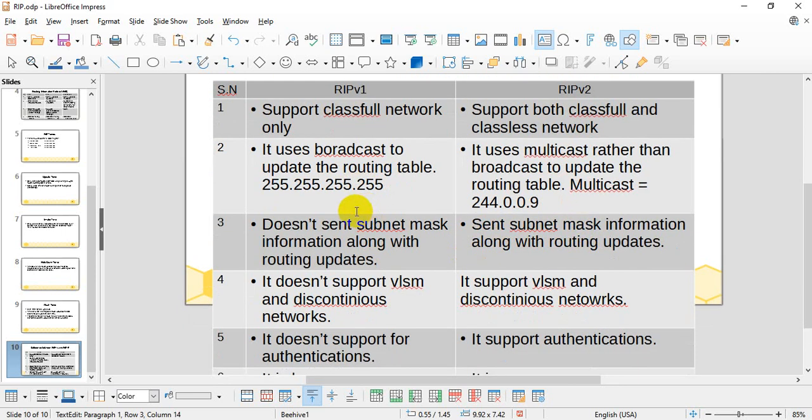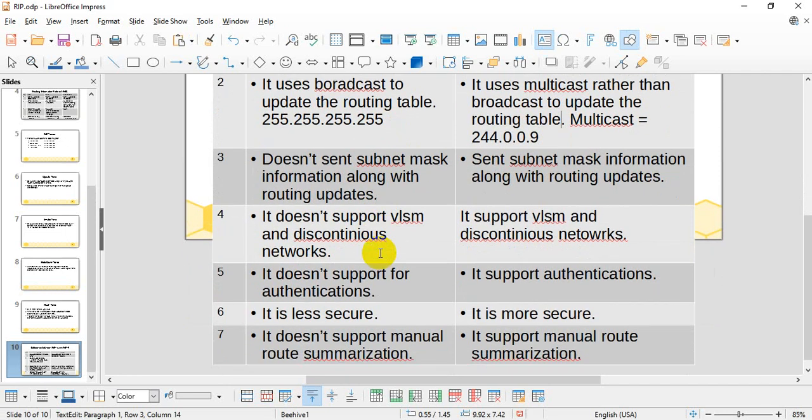In RIP version 1, it doesn't support VLSM and discontinuous networks, but in RIP version 2, it supports VLSM and discontinuous networks. In RIP version 1, it doesn't support authentications, as in RIP version 2, it supports authentications.